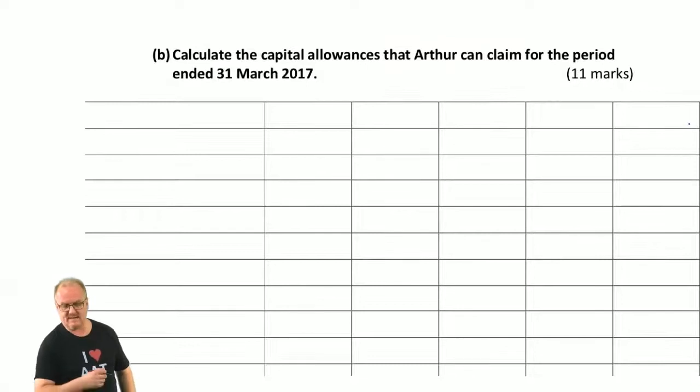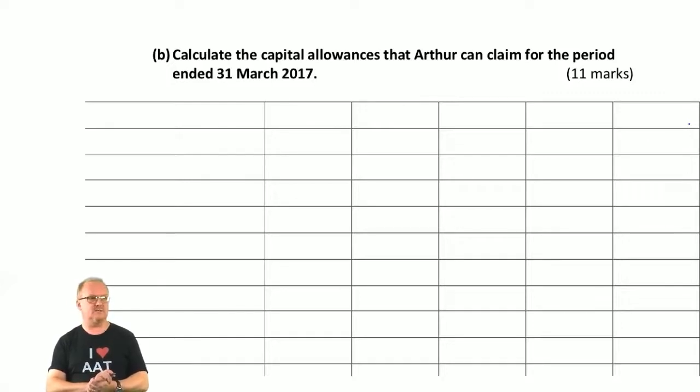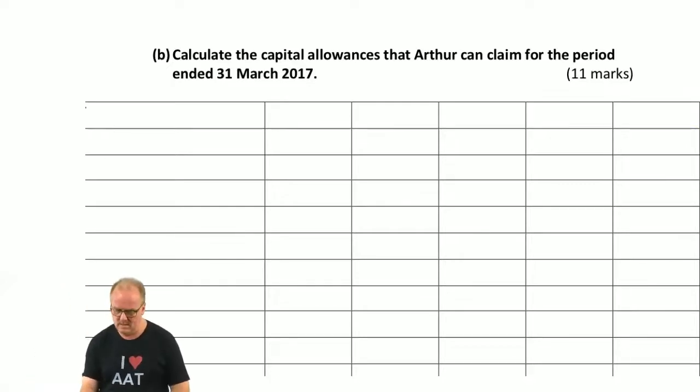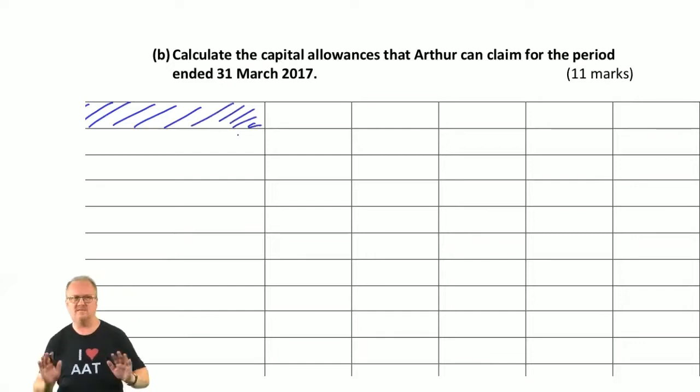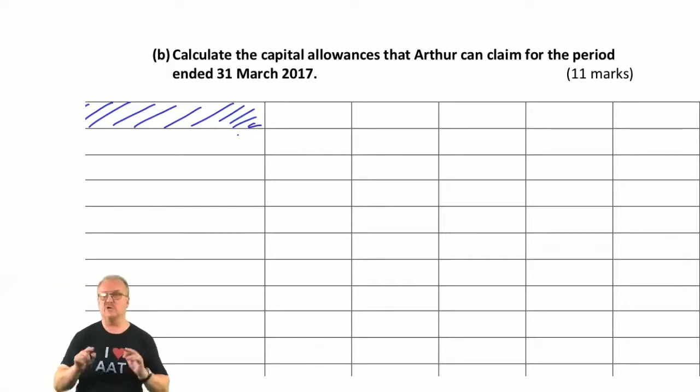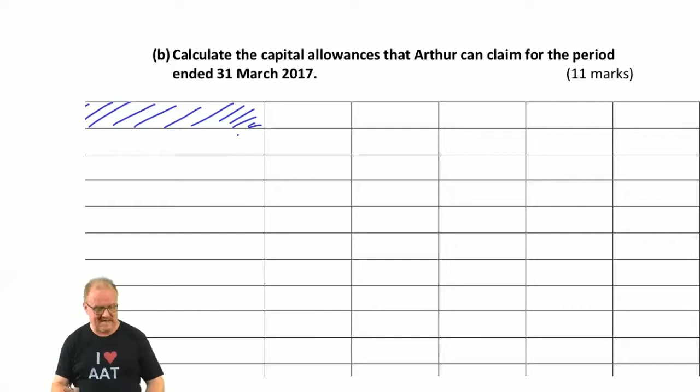So Part B, calculate the capital allowances that Arthur can claim for the period ended 31st of March 2017. Right, so here we go then. Leave that box empty. Leave that one well alone. In fact, there's every likelihood that when you do the assessment on screen for AAT, you won't be able to type anything in that box anyway.